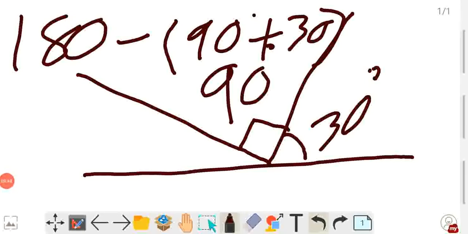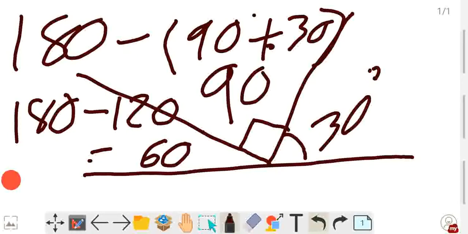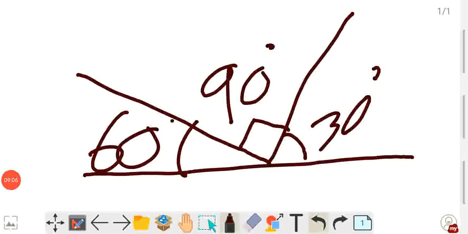Then we get 180 minus 120, so the answer is 60 degrees. Then here also the sum of the three angles is 180 degrees.